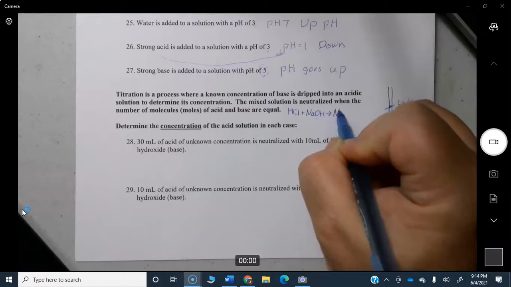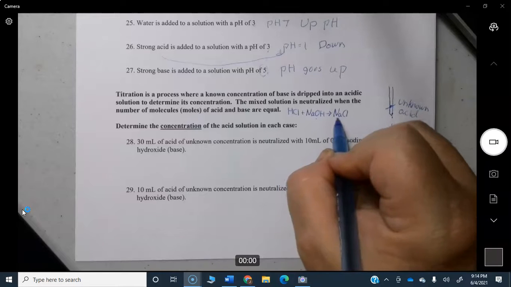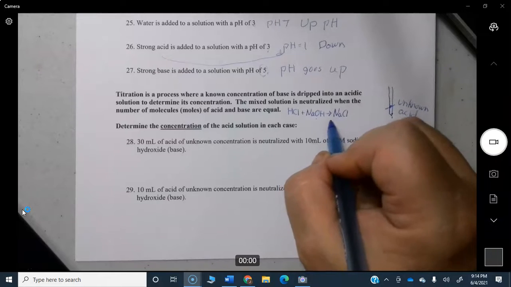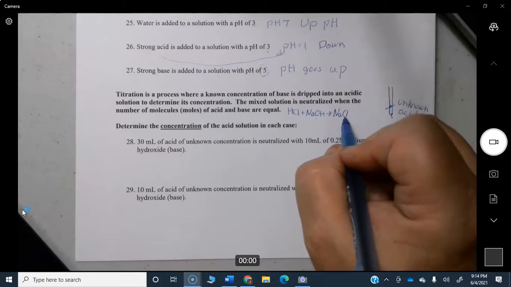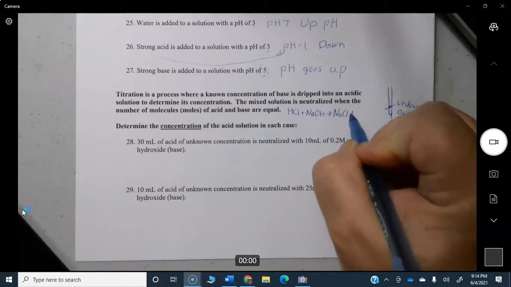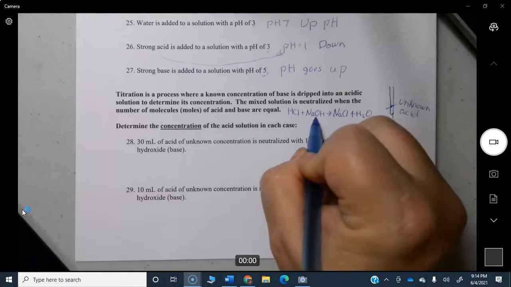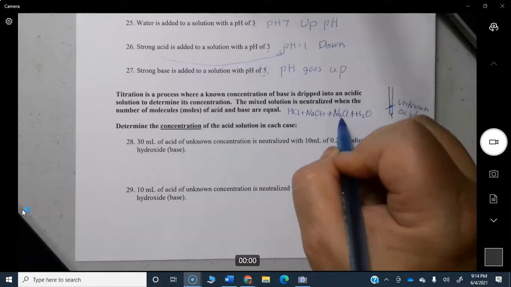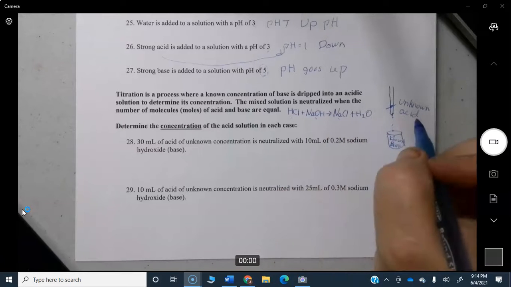And this happens to be the same kind of salt that you have at home in your kitchen that you put on food, although not all salts are that. A salt simply means a neutralized acid base. Plus the other thing that this is going to produce is water, and we know that's neutral. So a strong acid, strong base neutralize each other to produce this salt, which is neutral, and water, which is neutral.